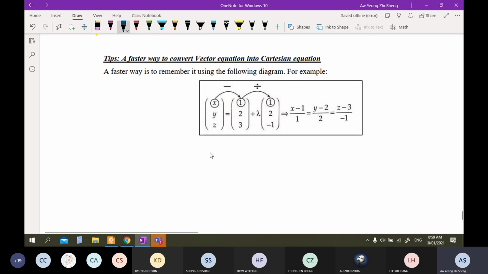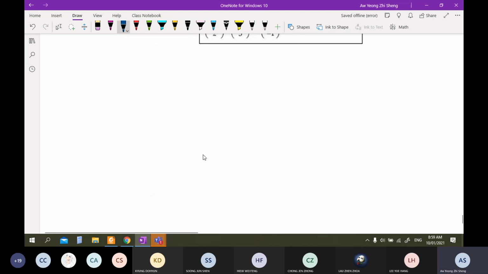Okay. So sometimes they might make it a bit more tricky. Let's say they give the Cartesian as x plus 1 equals y minus 2 over 2 and equals, let's say, 3z minus 2 divided by 3, something like this. Now, before you do the conversion from Cartesian to vector, you have to make sure that it is in a form where the point and direction vector is readable.